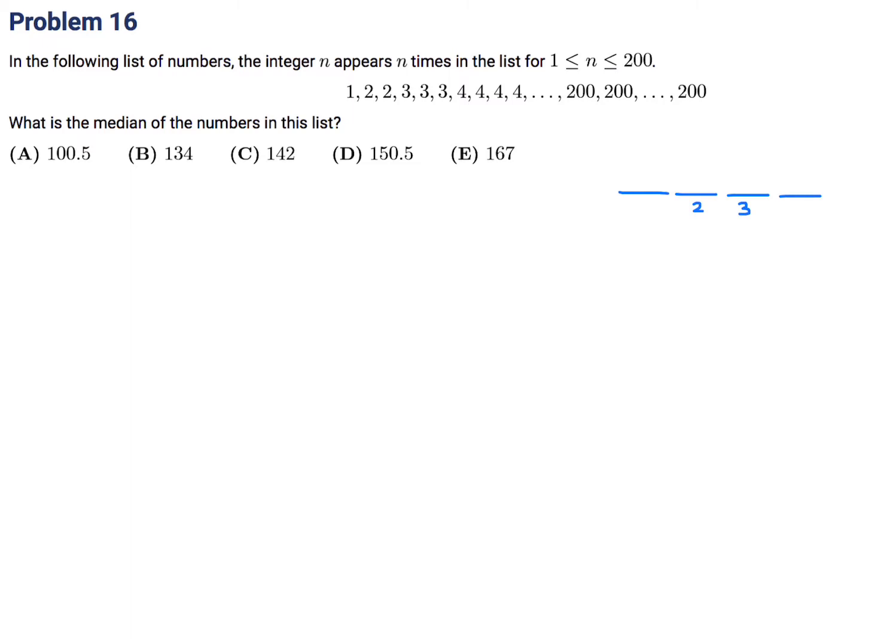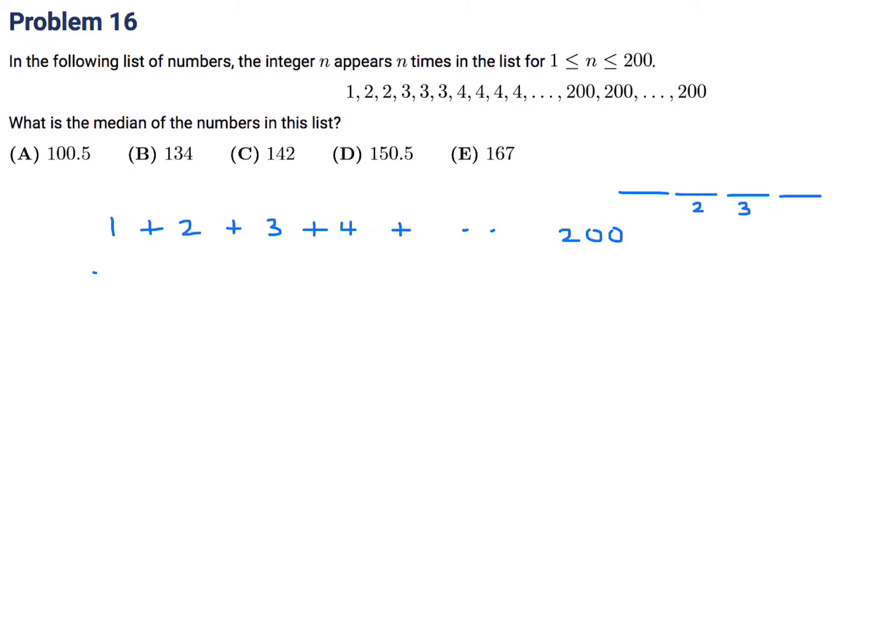We have, I don't even know how much we have. We have a lot. The first thing I have to do is figure out what is the total number. Well, the total number of terms in this list would be 1, then 2, plus 3 of those 3s, plus 4 of those 4s, and then you get the idea. Eventually, you're going to have 200 200s.